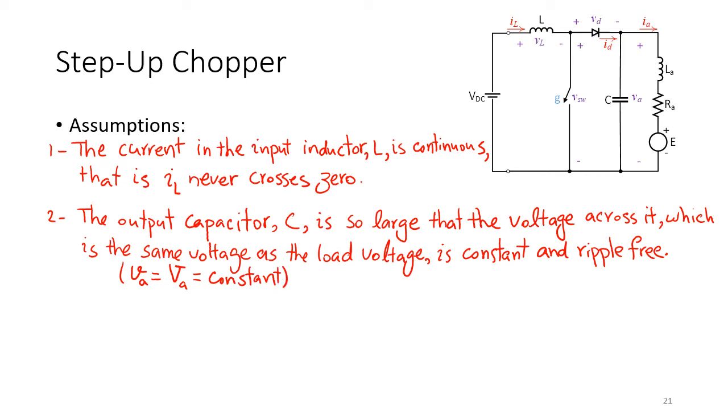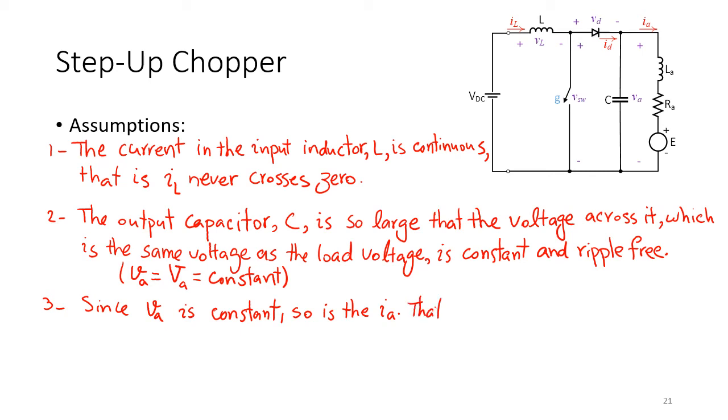Now that VA is constant, it's like we have a DC circuit there. So IA will be constant. The current of the load will also be constant. So three, since VA is constant, so is IA.